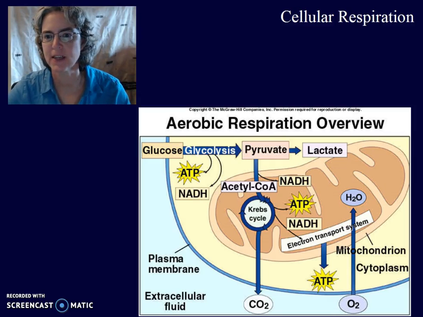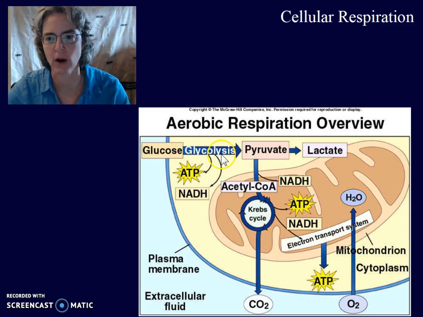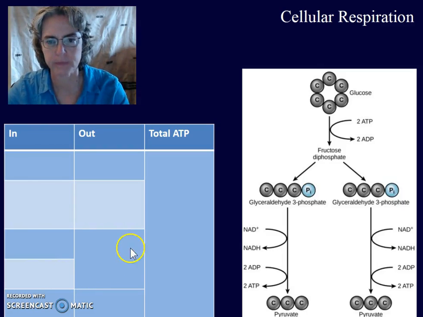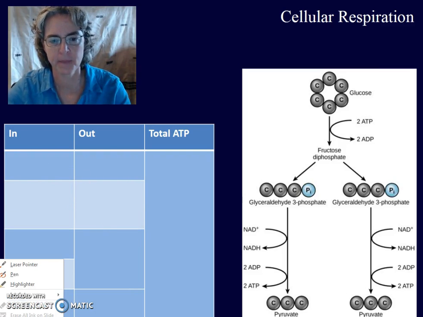Okay, here is our big picture of cellular respiration. And we see that glycolysis is happening in the cytoplasm of the cell, so outside the mitochondria. We haven't even gotten inside the mitochondria yet for glycolysis. Okay, so what's going in and what's going out of glycolysis?